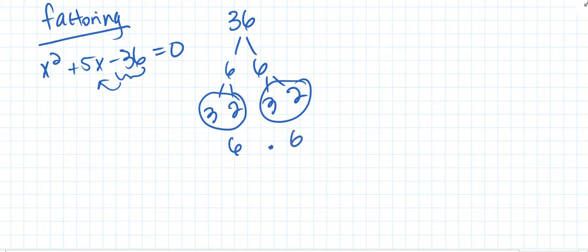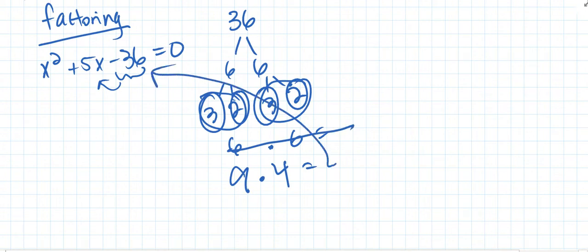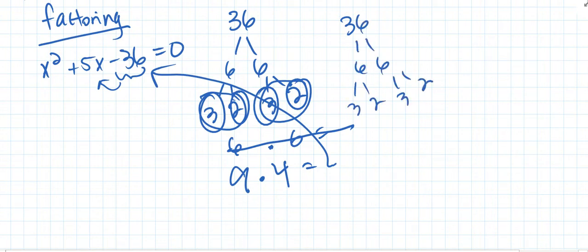It's the same as 6 and 6. Or it's the same as 3 and 3, 9, and 4 and 4 times 4. That didn't work. Oh, look, here it works. Right? And we got it because, okay, 3 and 2, 3 and 2. We combine these two 3's here, 9, and we combine these two 2's here, 4.